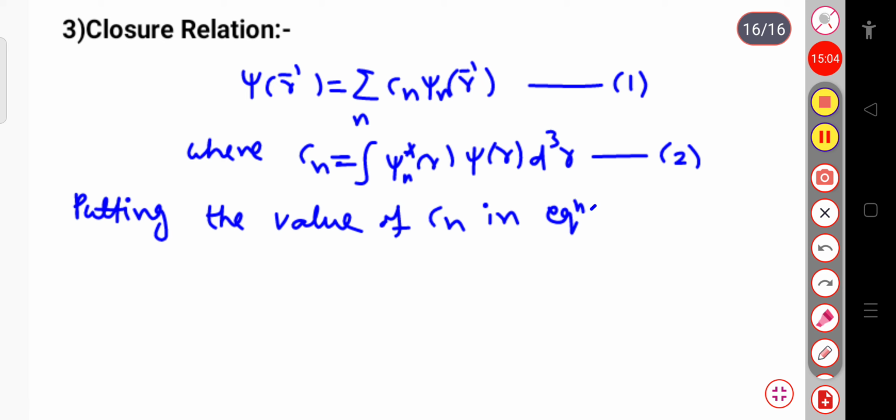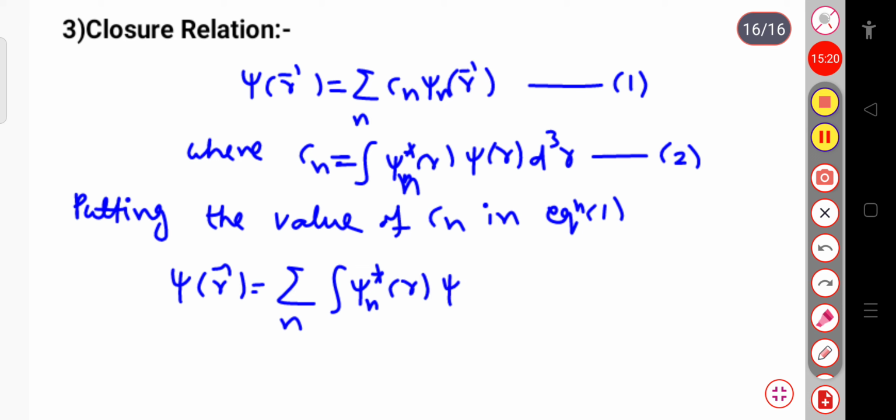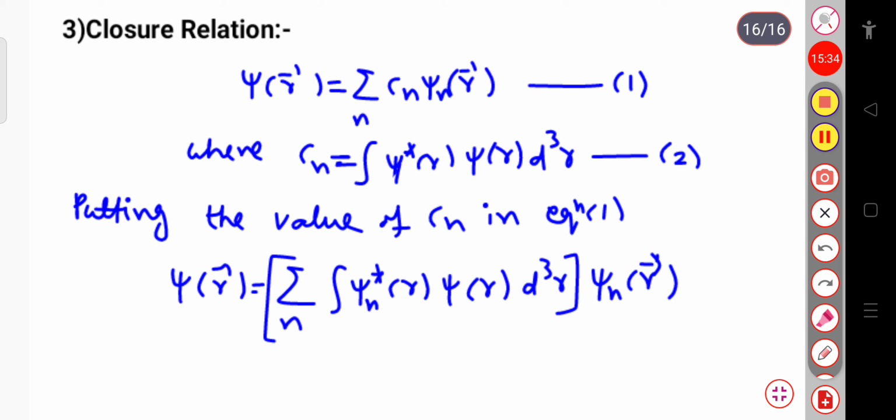we will get psi of r equal to the sum over n, integration over psi n star of r into psi of r dqr, and whole into psi n of r. These are two different r, so let me write this as r prime, so here I will write psi n star r prime and psi r prime and dq r prime.